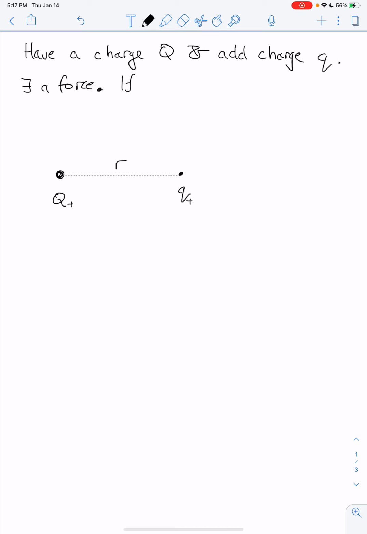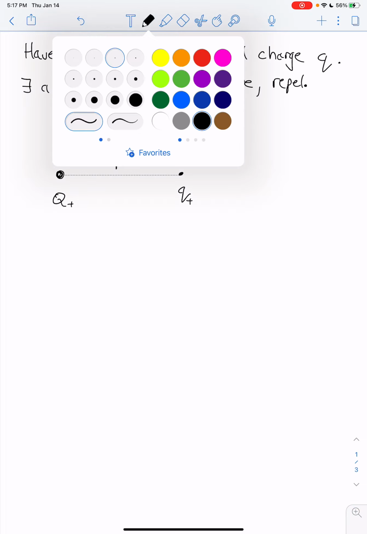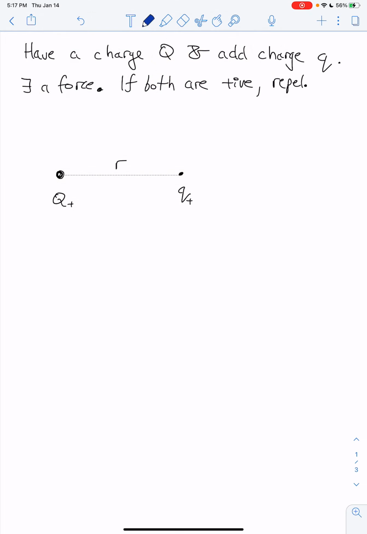And so if both are positive, then they will repel. Okay, so I could draw maybe my force diagrams in, let's say, blue. And so there's going to be a force in that direction, a big Q on little q.